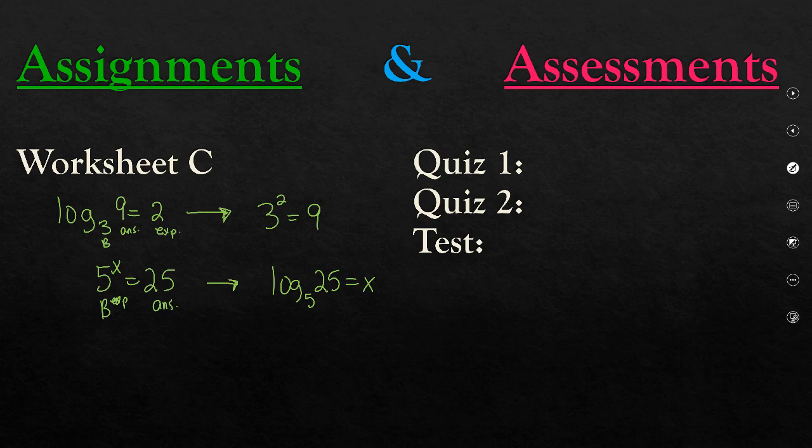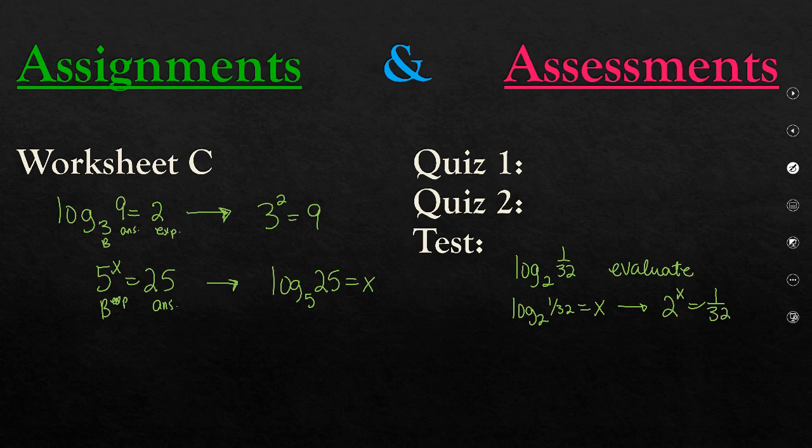The other thing that we did on the first day was actually evaluating. So if you have an example of log base 2 of 1/32, and it says evaluate, that means that we are going to set this equal to x or y or whatever variable you like, and rewrite it in exponential form. 2 to the power of x equals 1/32.